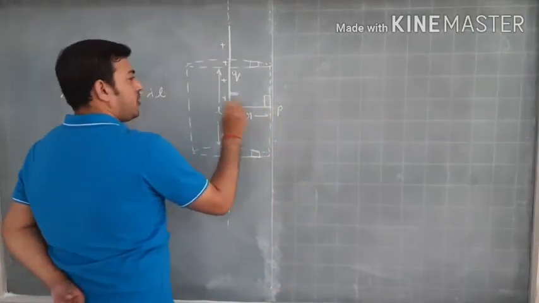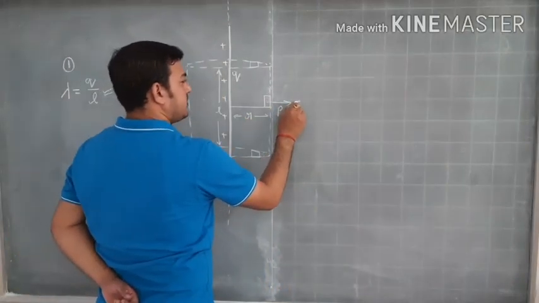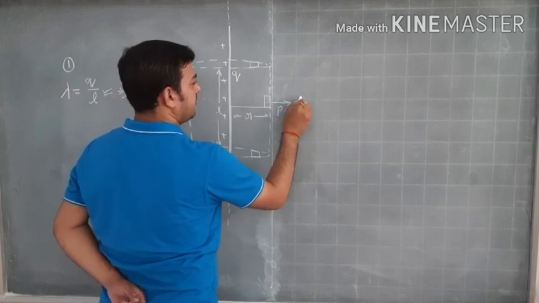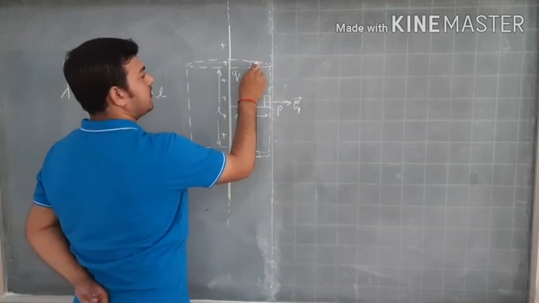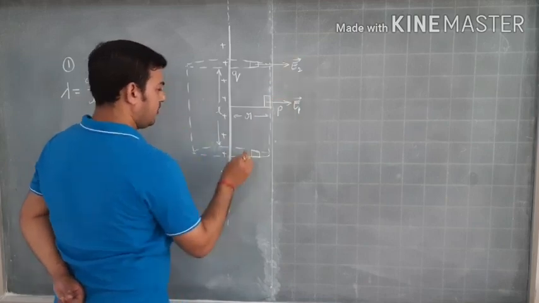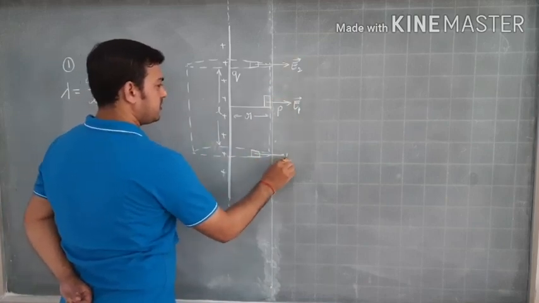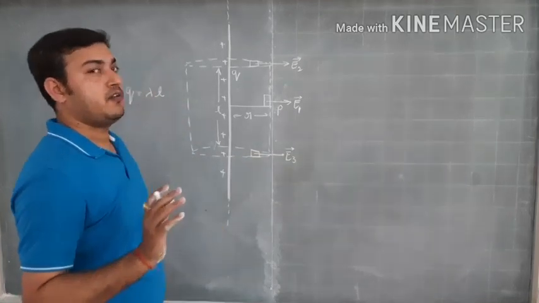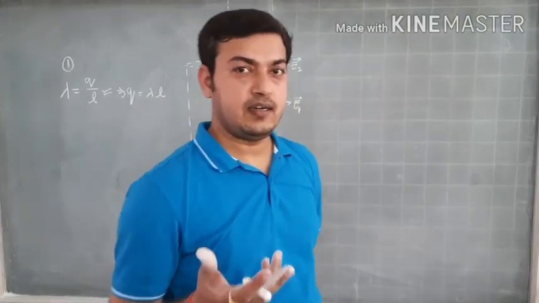For positive charge, the electric field, as you know, is always away from the charge. Let me call this electric field E1. For this surface, the field is away, this is E2, and the same here, for the positive charge the electric field will be away.